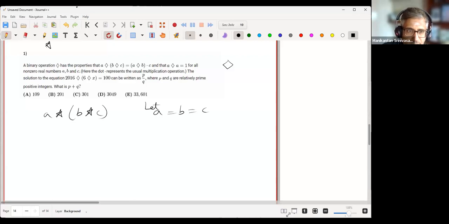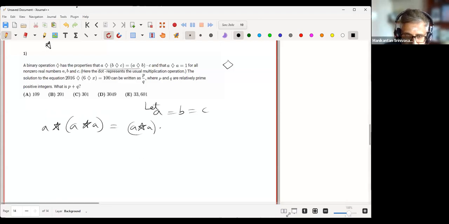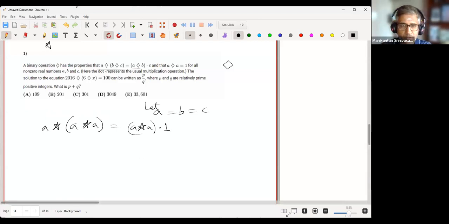So if all 3 are the same, then the property is telling me that A star A star A is A star A times 1 times A, sorry, times C, and C is also A. But A star A is already given to be 1.